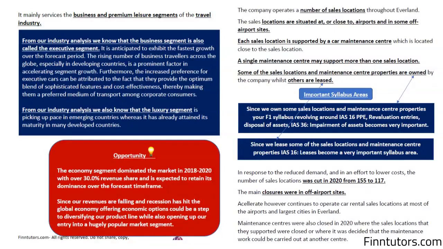The rising number of business travelers across the globe, especially in developing countries, is a prominent factor in accelerating this segment. So, in our country, in our Western Europe segment, business travel is already at its mature stage. But in fast growing, developing countries, this is a segment that we can look at.